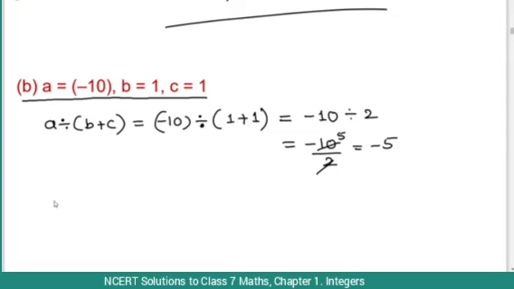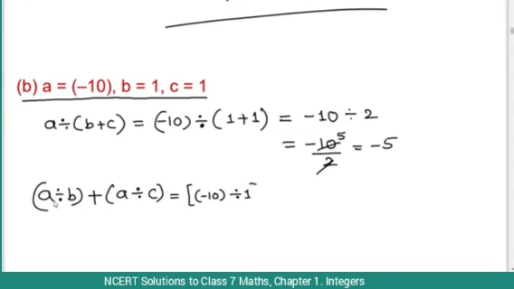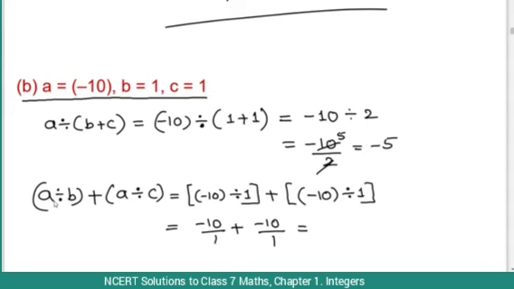Then the RHS value is A divided by B plus A divided by C, which is equal to minus 10 divided by 1 plus minus 10 divided by 1, that is minus 10 minus 10, that is minus 20.